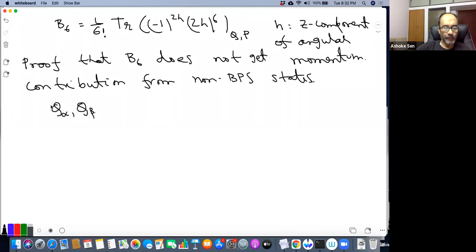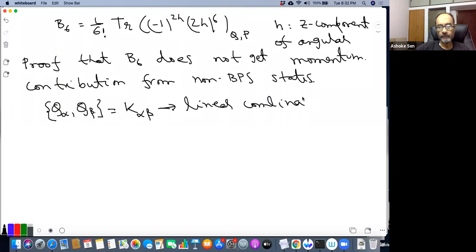The general structure of the supersymmetry algebra, if these are the supersymmetry generators, is K alpha beta, where K is a linear combination of momenta and charges. You may not be familiar with the fact that the supersymmetry algebra contains charges, but here you are considering extended supersymmetry. So that's one way of seeing that it can contain charges.